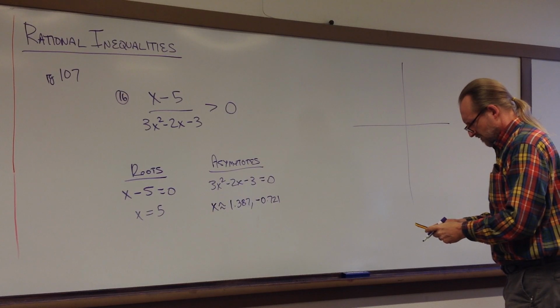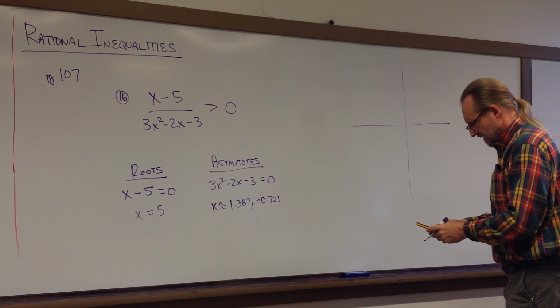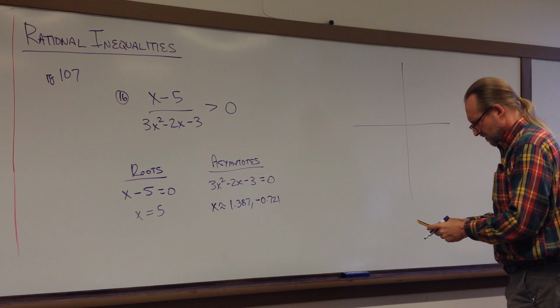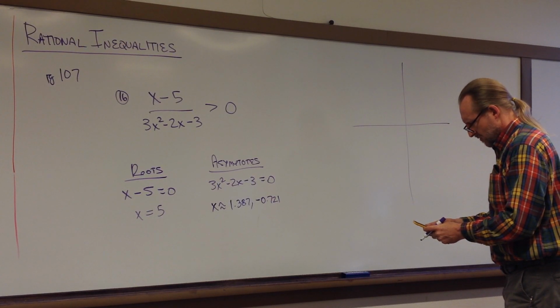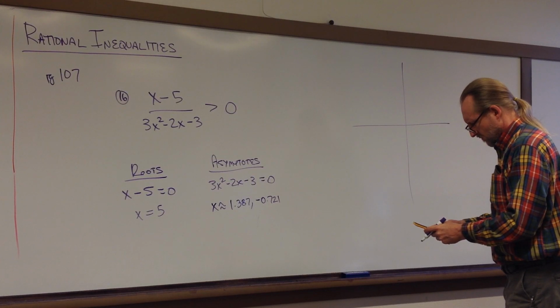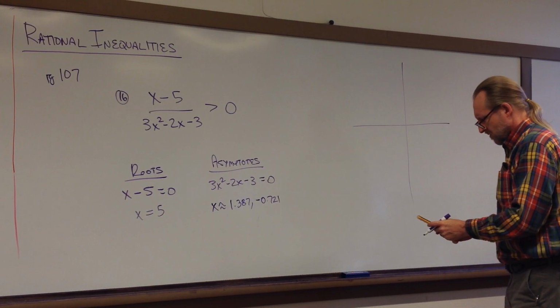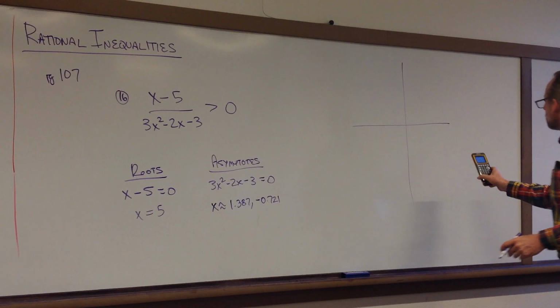So, x minus 5. There we go. And then 3x squared minus 2x minus 3. That should do it.